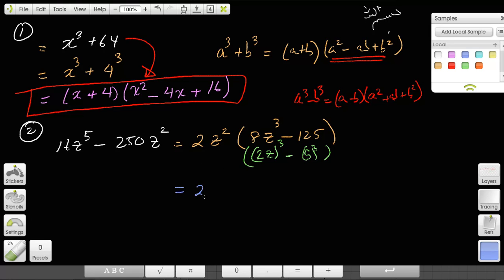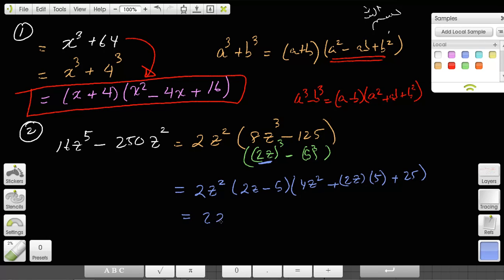So I can factor this out now. So I have the 2z squared, don't forget that, into all of this. Okay, so that's going to be a minus b, which is 2z minus 5 times the quantity a squared, which is this squared, 4z squared, plus a times b, which is 2z times 5, plus b squared, which is 25. So I just simplify this.